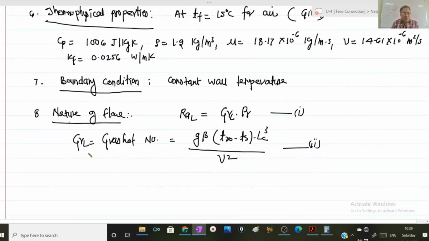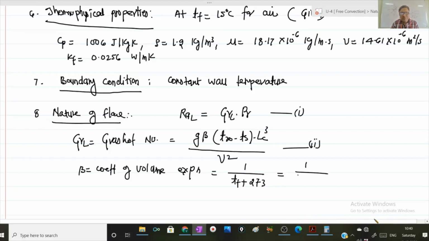Now in the above expression of Grashof number, beta is the coefficient of volume expansion, and it is given as 1 over mean film temperature in Kelvin. So this will be 1 over 15 plus 273, so it will become 1 over 288 Kelvin inverse.